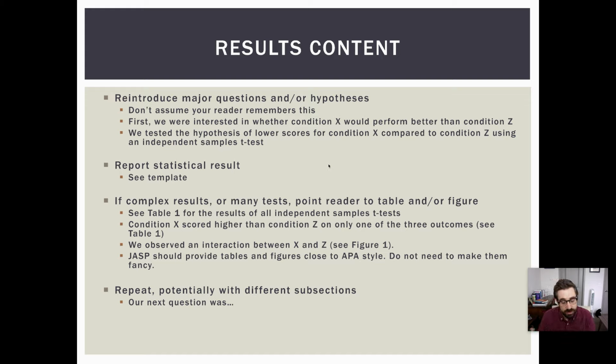If that's true, then I might have a section for happiness and present my predictions there and my results, and then a section for depression and present my predictions and results there. Okay? So that's if you have a complex study, maybe with multiple outcomes or multiple questions. Okay? Oftentimes in simple studies, you might only have like 1 or 2 basic questions, and you can present them in their own section.